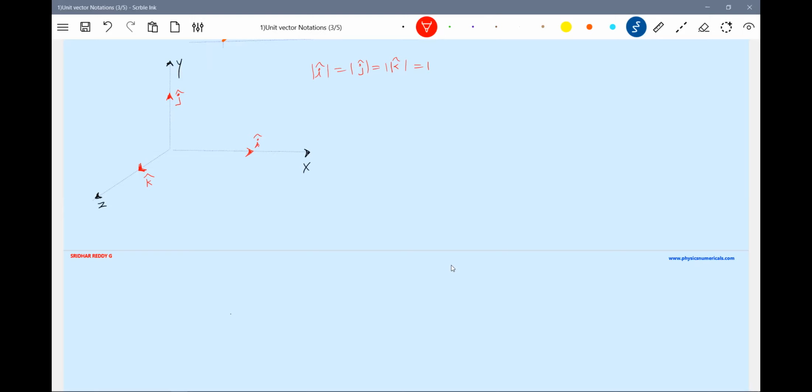How about direction? i cap is directed along the positive x-axis. j cap is directed along the positive y-axis. k cap is directed along the positive z-axis.